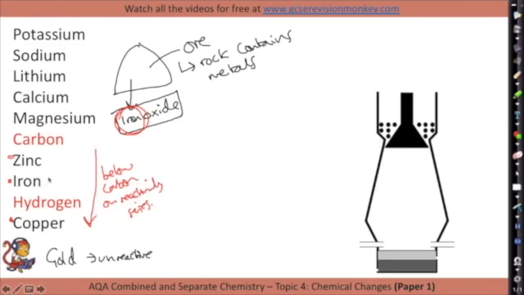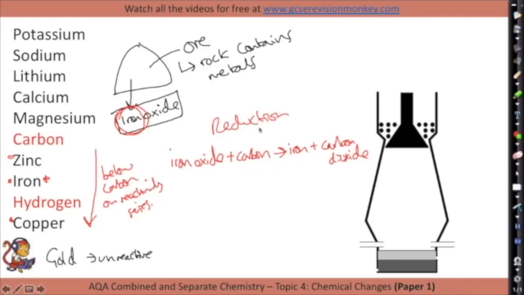This is an example. Let's use iron as an example. If we have our ore, which is iron oxide, and we want to extract the iron, we would heat it up with carbon, and that would then produce iron and carbon dioxide, which is the reduction reaction that we looked at when we looked at chemical reactions.